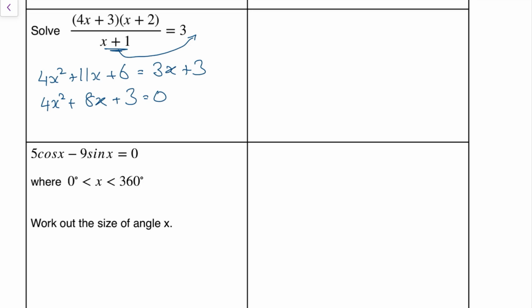Now I thought I might be able to cancel by 4, but I can't. Can we factorise this? Now they're all pluses, so I feel I'm going to give this a go. I'm going to guess at 2x and 2x. It's often 2x and 2x, not always, but often is. 3 is 3 and 1, so it doesn't matter whether I put the 3 there or the 1 there, and it's got to be plus in the middle because everything's plus.